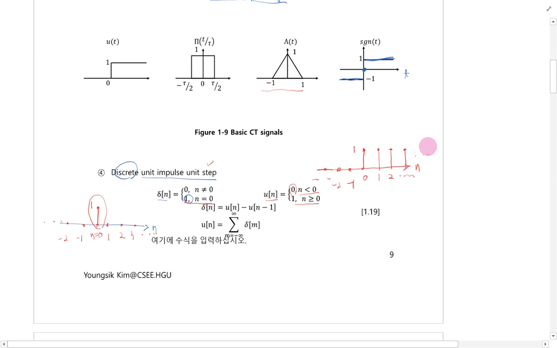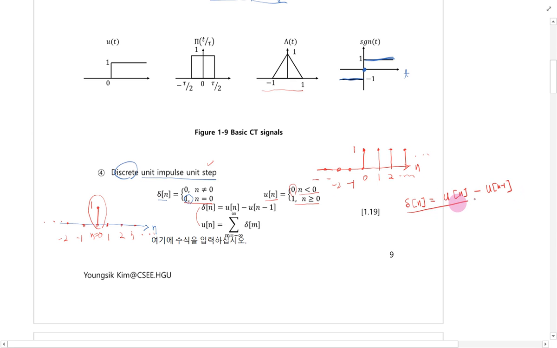So we talked about the unit impulse signal and unit step signal, and here it shows the relationship between the unit step sequence and unit impulse sequence. The unit impulse sequence can be defined using the unit step sequence: delta[n] = u[n] minus u[n minus 1].